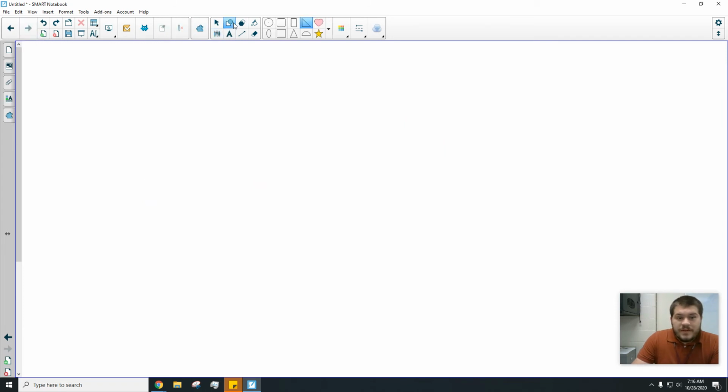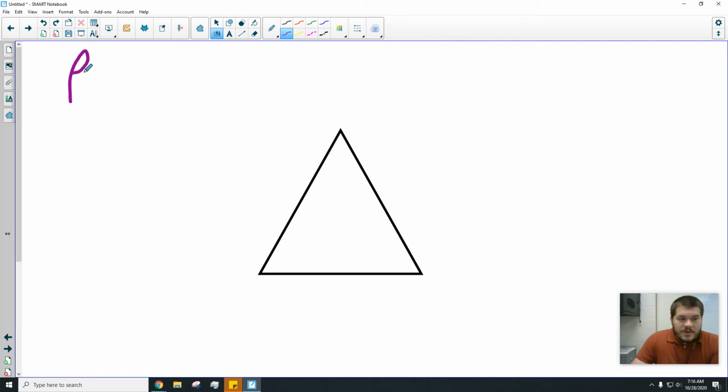Now, I might pull a little sneaky one on you and say that if the perimeter of this triangle is 20, and we know that this is 5 and this is 6, what does this side have to be? See, that's a little trickier, isn't it?